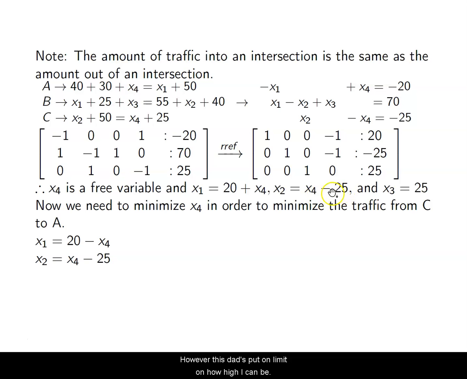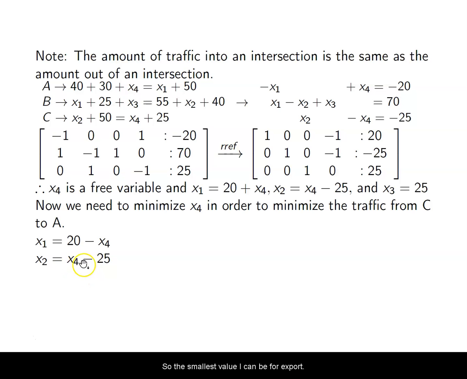However, this does put a limit on how low I can go, right? I can't be less than 25, because if I'm less than 25 here, I'm going to have a negative value for x2.